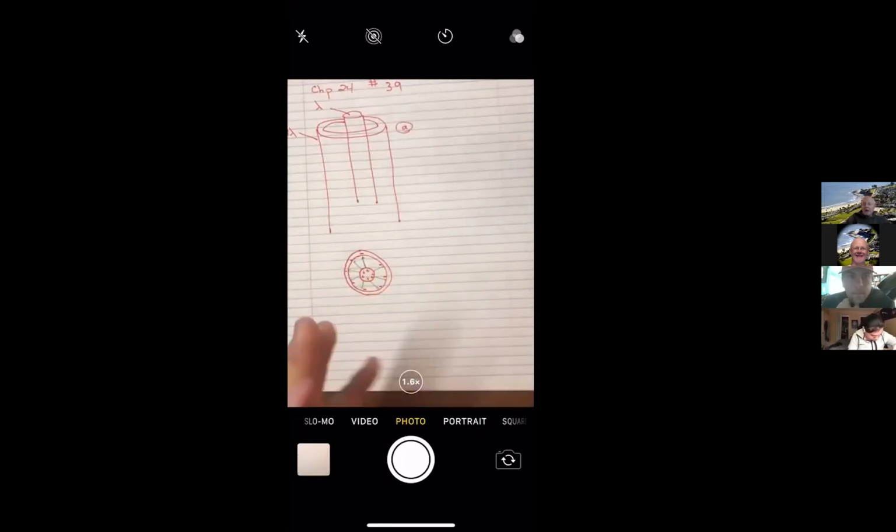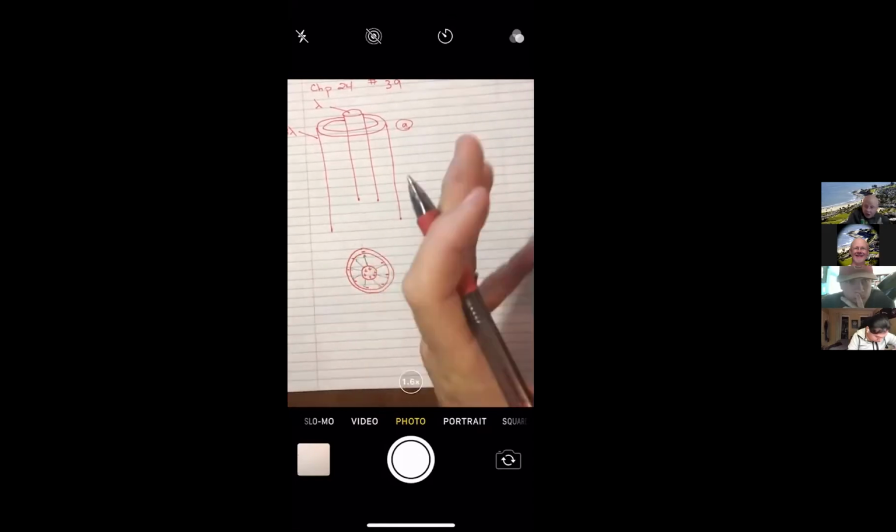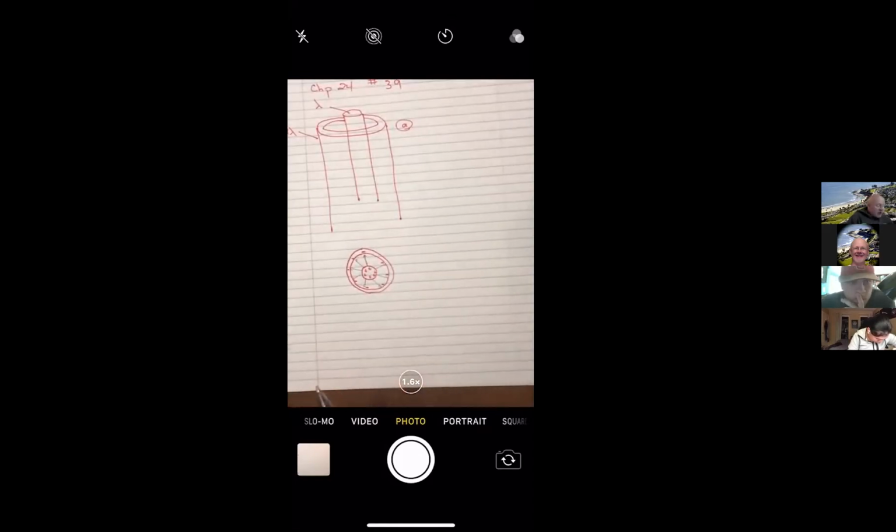That's why a conductor can have no field inside, because the charges can shift around in such a way that they can terminate the field. So this would terminate the field, and I would need enough charges on this inner surface of the outer conductor to exactly terminate the field that was created by the inner wire.